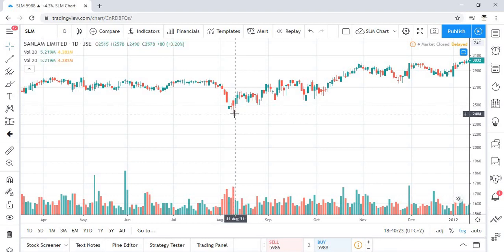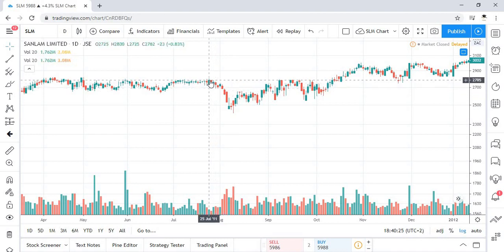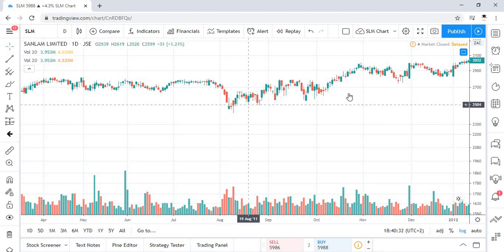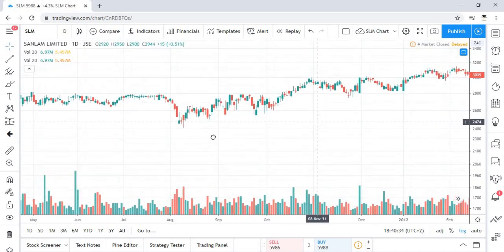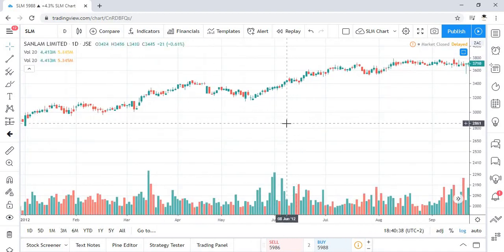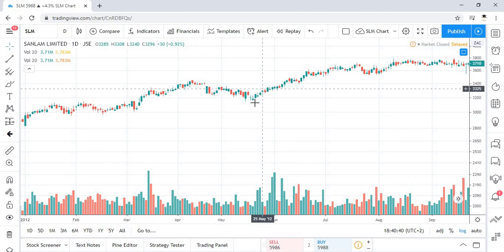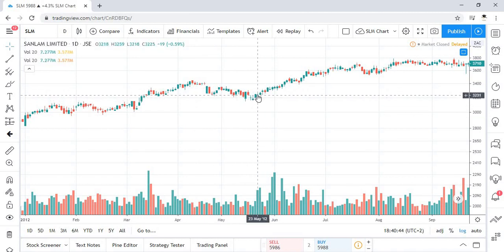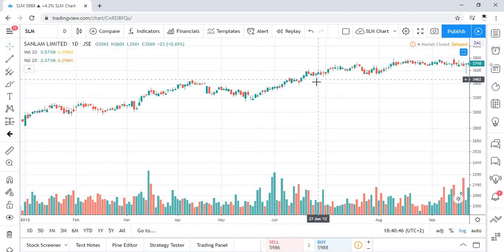This was the 11th of August. There it was the 25th of July. So that's a period of about 20 days. Again, it moved quickly. Then it doesn't move quickly another long time. So this is why you need to understand the Wyckoff model so that you can know what you are buying and what point you are buying.